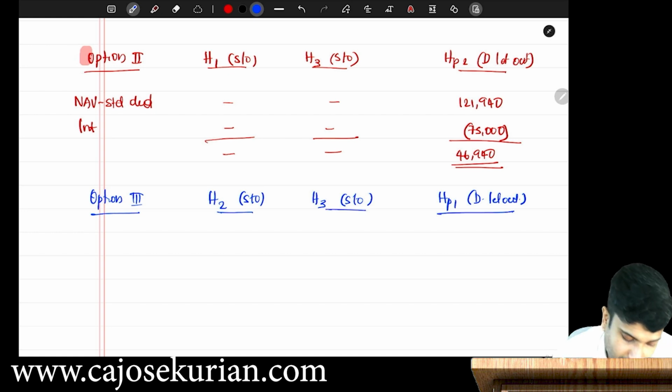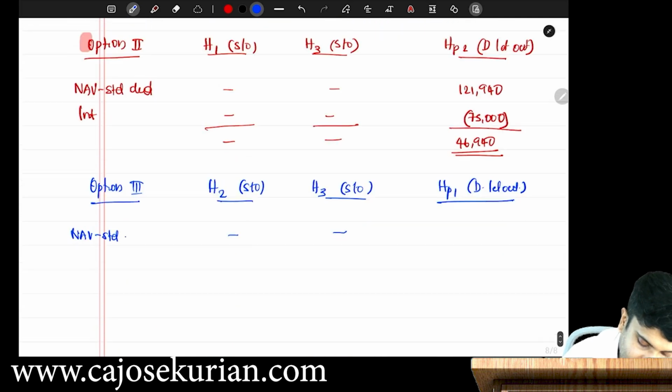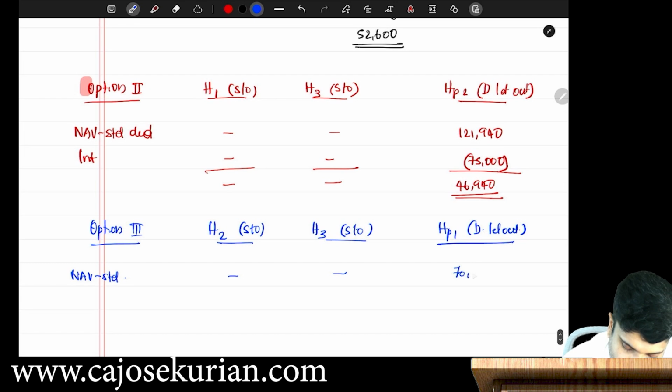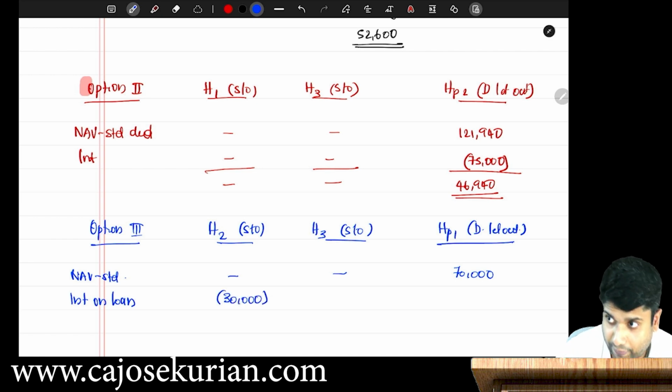Now, NAV minus standard deduction of 2 and 3 will be nil. And how about 1? 70,000. Now, interest on loan in house property 2 is how much? You can claim up to 30,000 since it is repair and self-occupied. House property 3 nil, house property 1 nil.